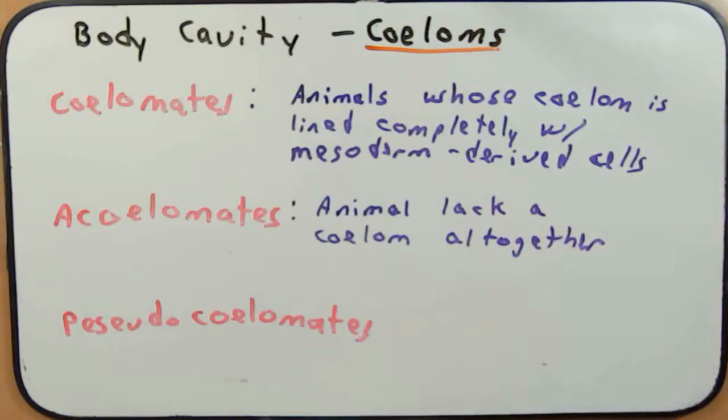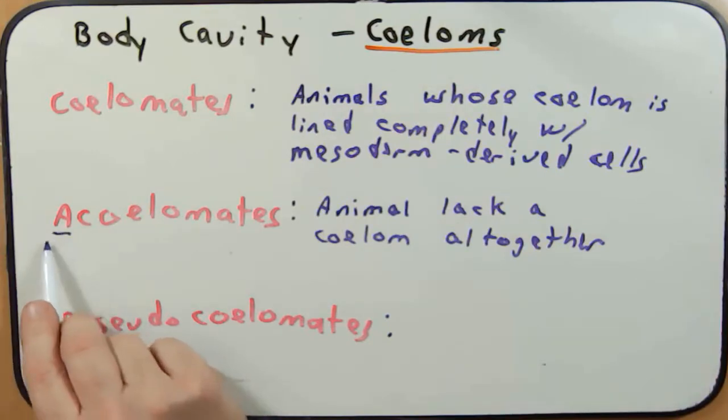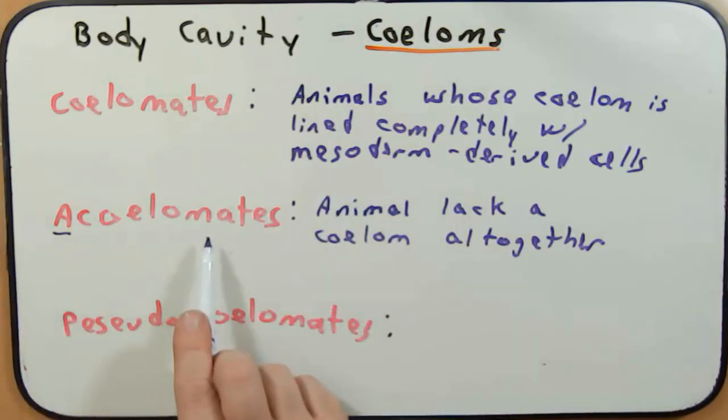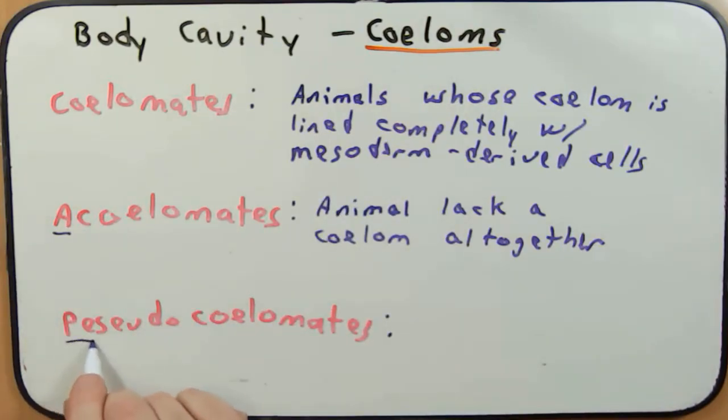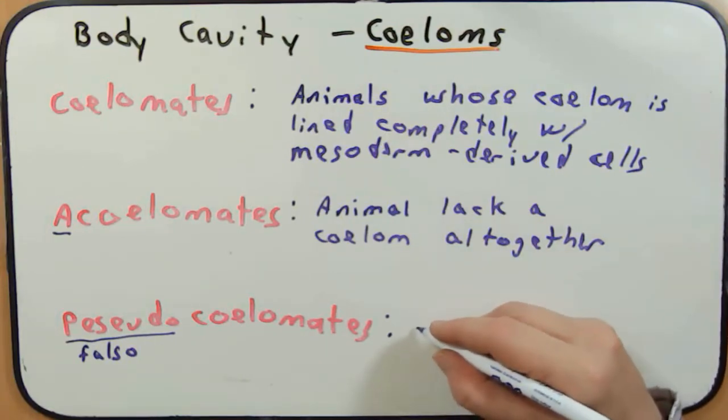They still have the bilateral symmetry, but they don't have a coelom. Anytime you see the letter A in front of a word, it almost always means without. So a coelomate has a complete coelom, an acoelomate has no coelom, and anytime you see the word pseudo in front of a word, it refers to it being a false something. And so in this case, these will be animals that have a false coelom. A more specific way to say this is that these are animals whose coelom is only partially lined with mesoderm-derived cells.